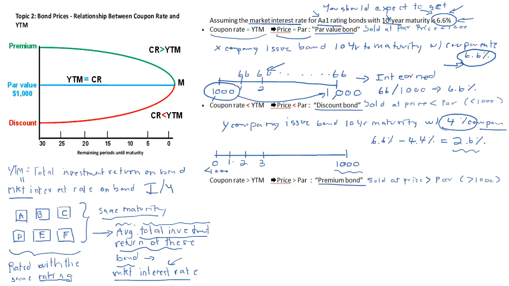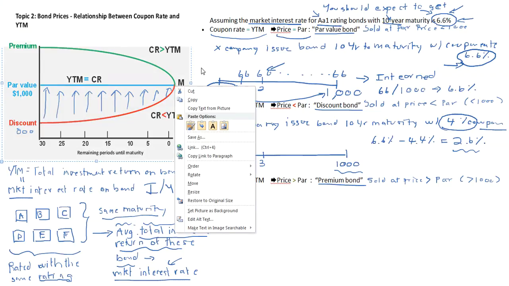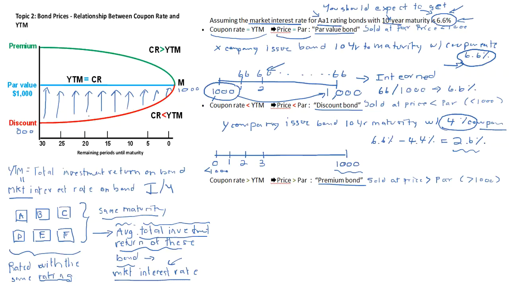Okay, so let's look at the picture here. When the bond is selling at a price less than $1,000, for example, if I assume $800, then over time, as it approaches the maturity year, the price from 800 will keep going up and up, and at the end it will get closer to $1,000, and at maturity this bond will be equal to $1,000.